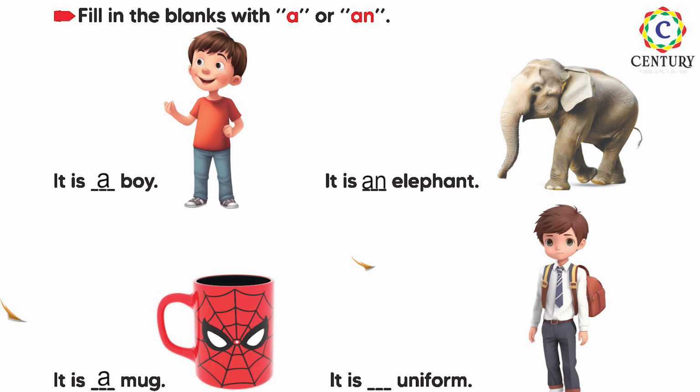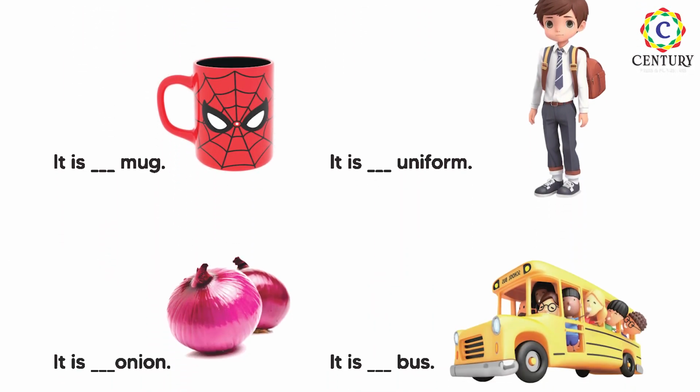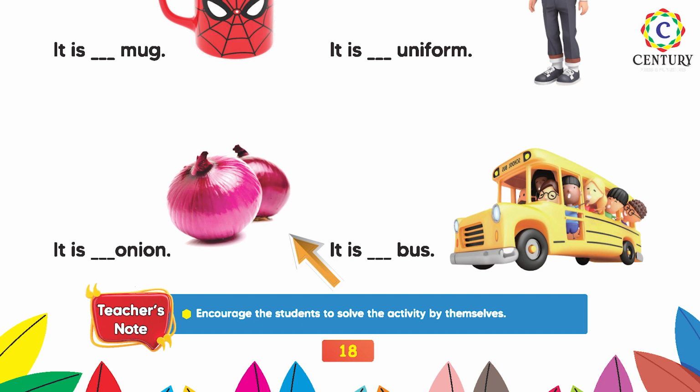Next is it is dash uniform. What is the initial sound of uniform? Yes, it's U, and U is a vowel. So we will use an here. It is an uniform. Next is it is dash onion. What is the initial sound?